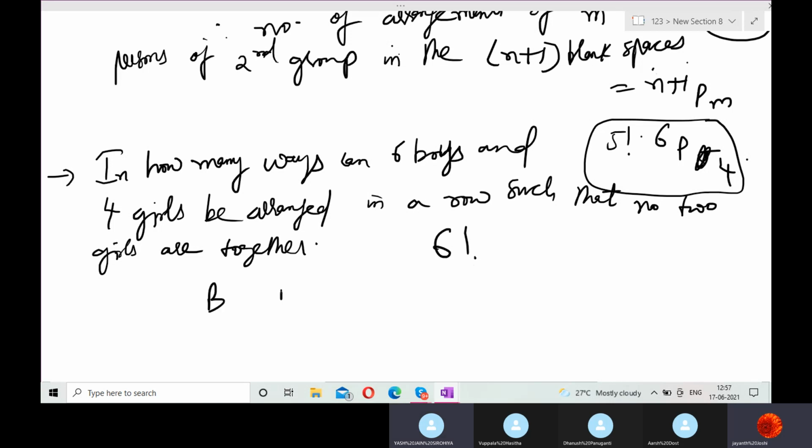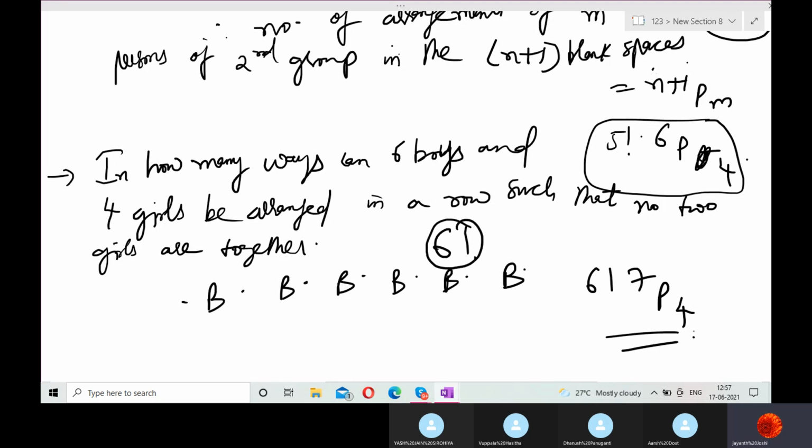Boys: 1, 2, 3, 4, 5, 6. 1, 2, 3, 4, 5, 6, 7. 7 blank spaces. So 7P. How many girls are there? 4 girls. And boys can arrange themselves in 6 factorial ways. 6 factorial into 7P4.